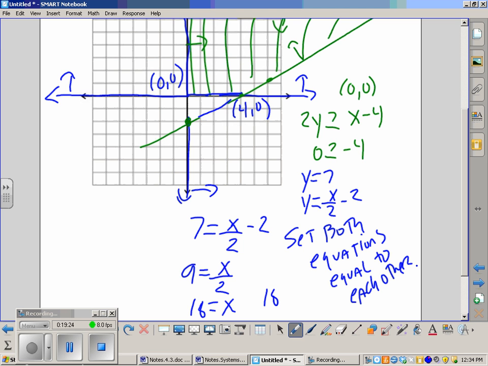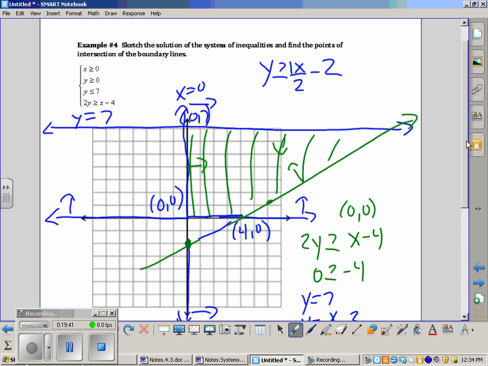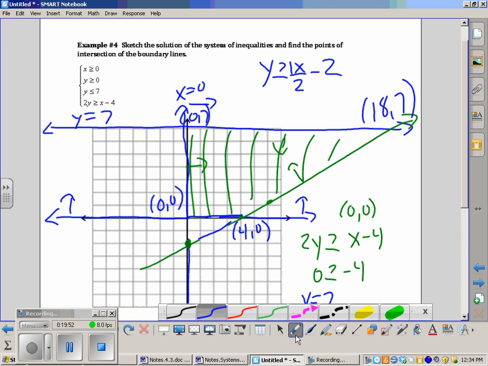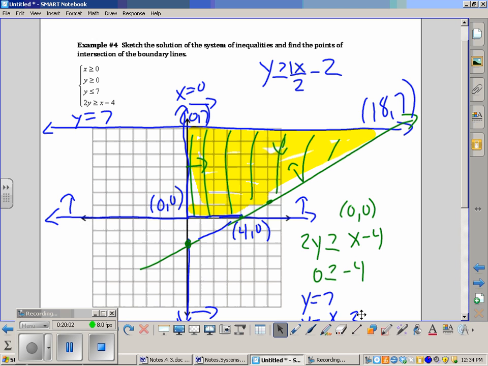That point is 18 comma 7. We knew y was 7, so that's the intersection's y coordinate. Then we plugged in y equals 7, and we got 18. So 18 comma 7. Done. So the solution is the shaded area. So let's really make this clear. All in here. You might want to ask in class about the 18, 7 if you weren't clear on that.